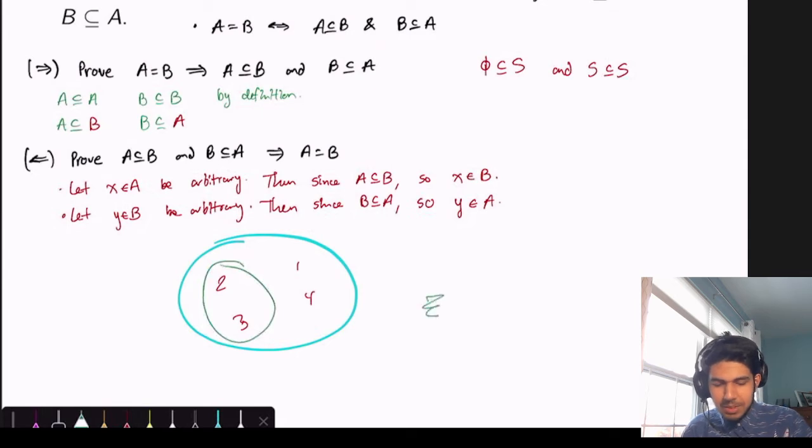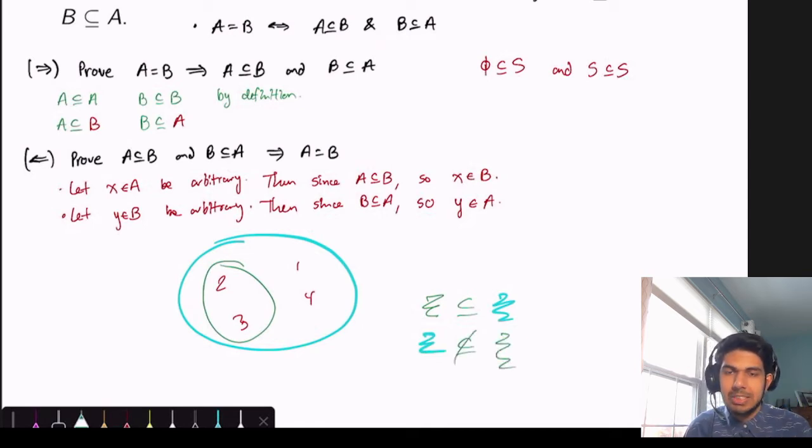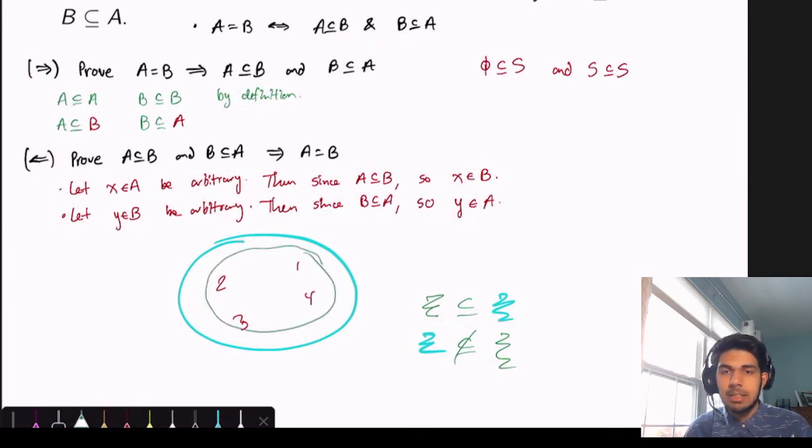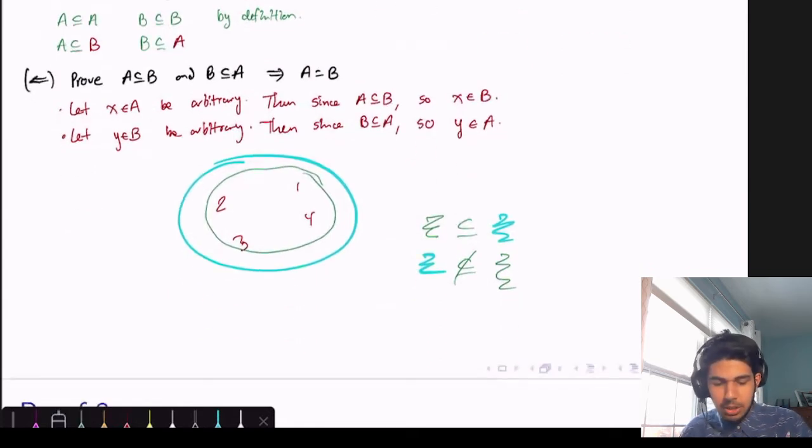But we have that green is a subset of blue, but blue is not a subset of green, right? So that makes sense. That matches what we said. But if green did contain all of these elements, then the sets would be equal, and we would have this property where there are subsets in both directions. So that's the visual accompaniment for it.